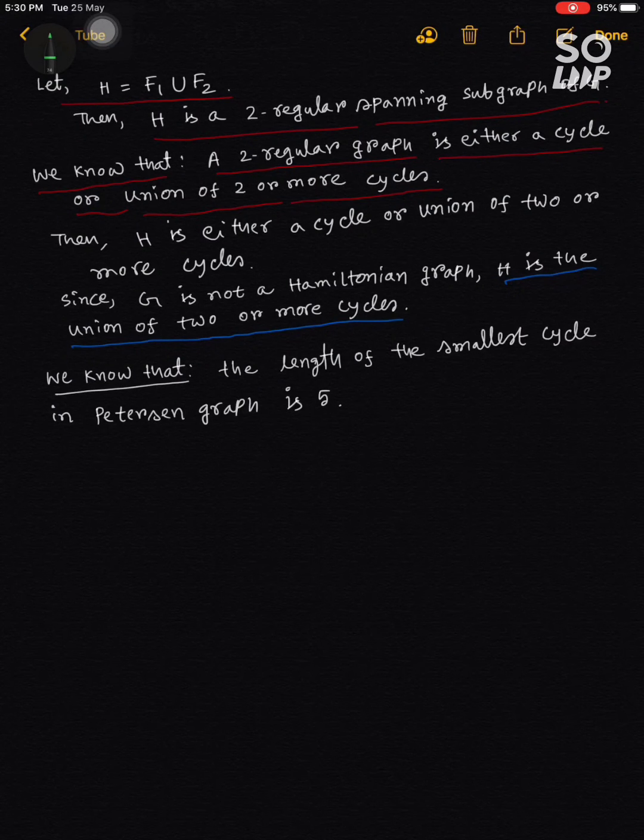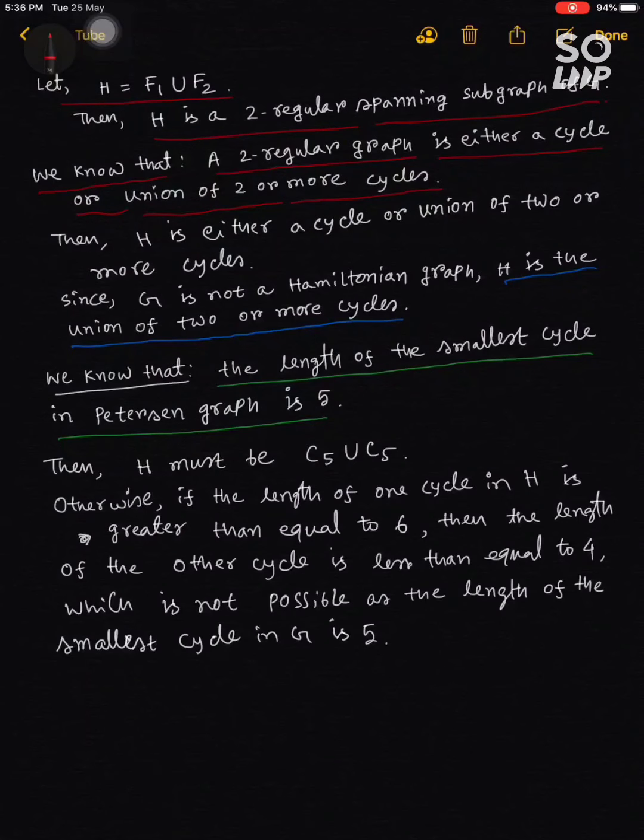We know that the length of the smallest cycle in the Petersen graph is 5. Then H must be C5 union C5. Otherwise, if the length of one cycle in H is greater than or equal to 6, then the length of the other cycle is less than or equal to 4, which is not possible as the length of the smallest cycle in G is 5.